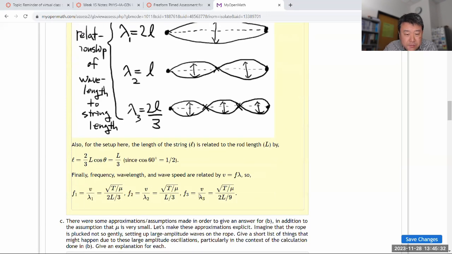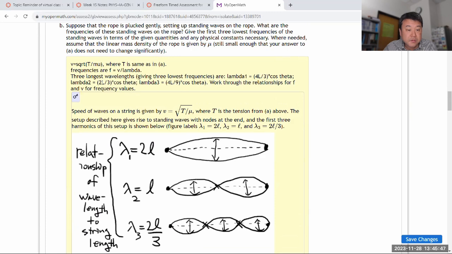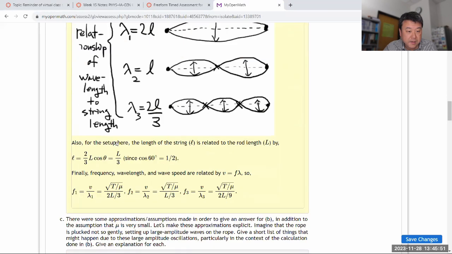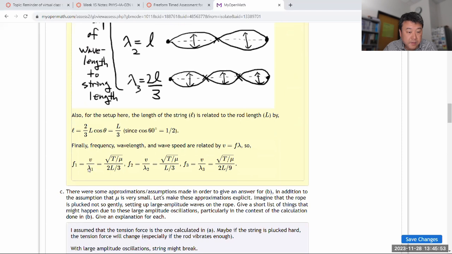Or I didn't really, because plugging in t actually doesn't simplify anything. That's why we are just saying, oh, use the t from above, and the rest of it should follow. Right. I still forgot about the cosine theta being given. 2L over 3, or the 4L over 3 cosine theta, that's the wavelength. Yeah, with the cosine theta being 1/2.